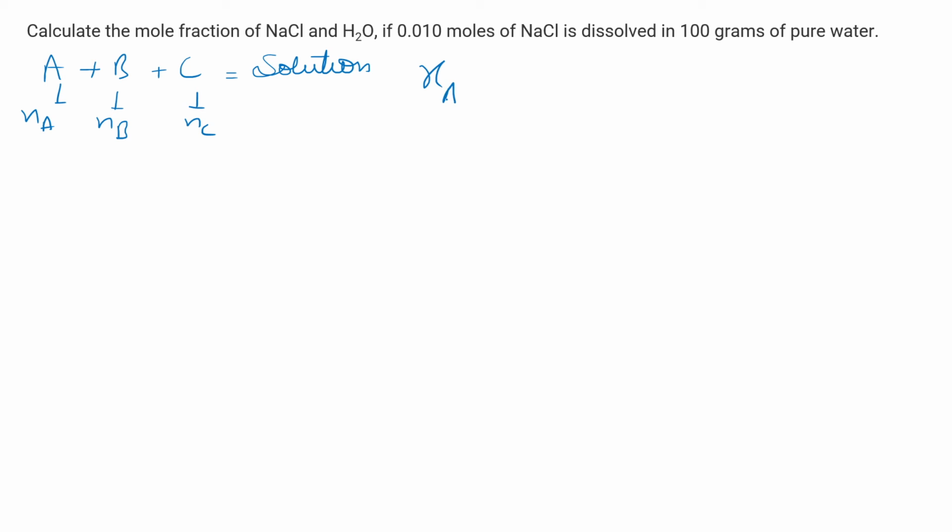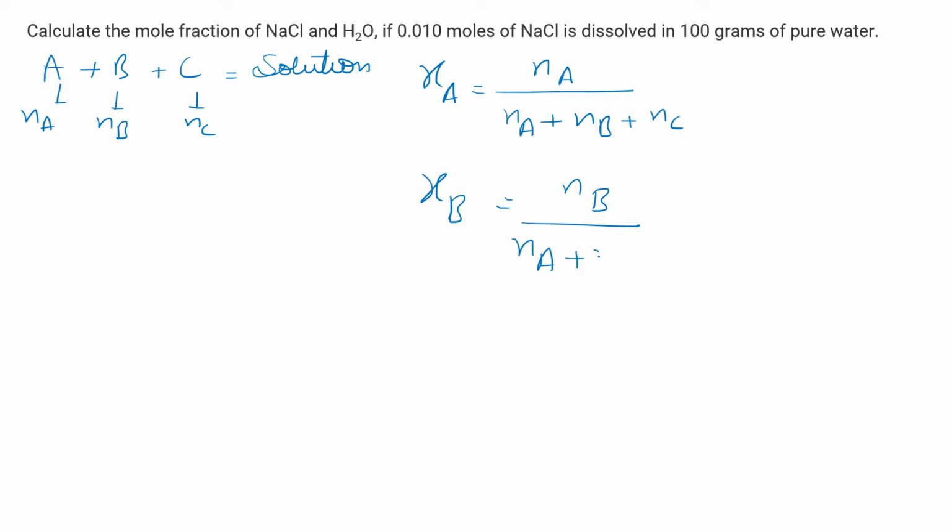Calculate the mole fraction of A. Mole fraction of A will be moles of A divided by moles of all the components, that is Na plus Nb plus Nc. For the mole fraction of component B, it will be number of moles of B divided by number of moles of all the components, that is Na plus Nb plus Nc.